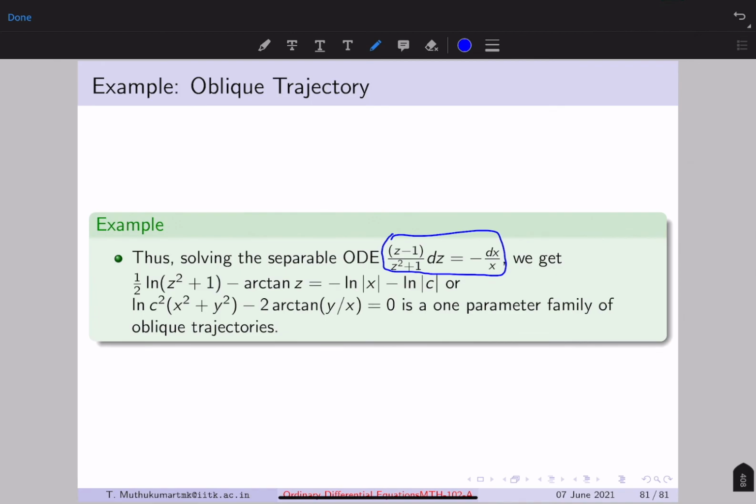Now you integrate both sides, you get terms in log, simplify them, and you will have this one parameter family of curves, and this is precisely the family of curves which will intersect the straight lines passing through the origin at angle 45 degrees. Okay, so this is how you go ahead and do it.